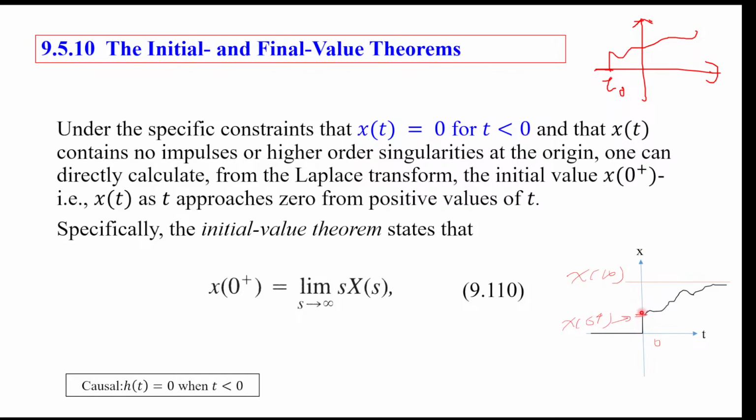Okay, and then this initial value theorem tells us how to find the initial value of your signal, your signal at t equals 0, from your big X of s. It says that x of 0 plus is equal to the limit as s goes to infinity of s times big X of s.